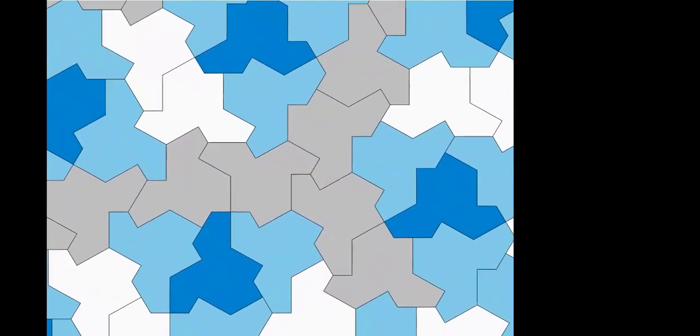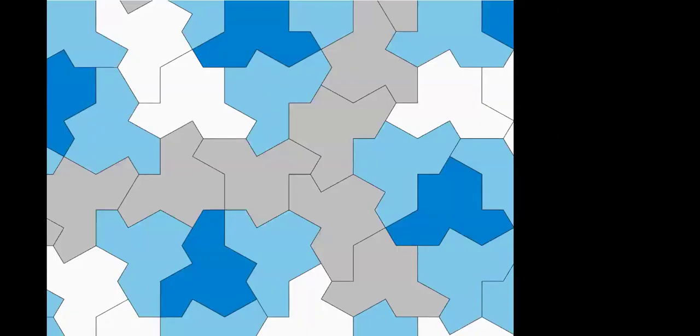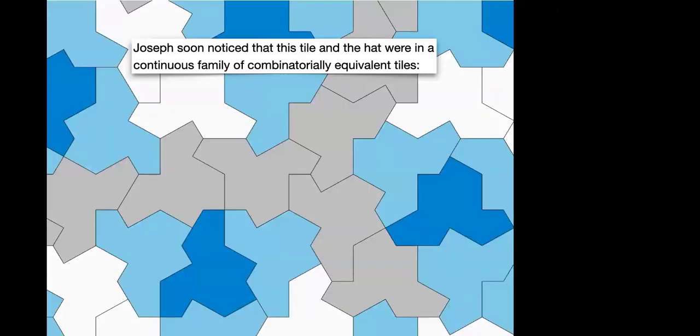So one of the remarkable things that came out of this, though, was this incredible continuum of tiles. And that was, again, also something none of us have seen before. And with a second candidate, the Einstein, in fact, the whole continuum of these Einsteins, it turns out that they're essentially all combinatorially equivalent. And this notion of combinatorial equivalence is a new one to us because it hasn't come up before.